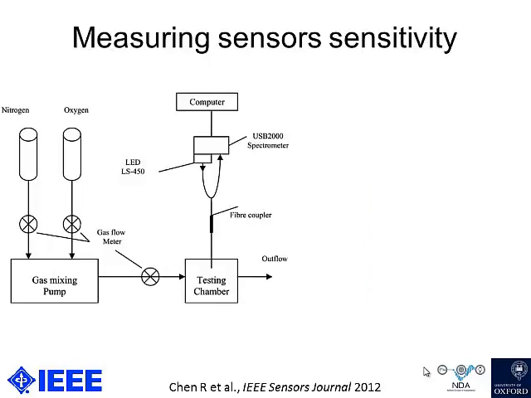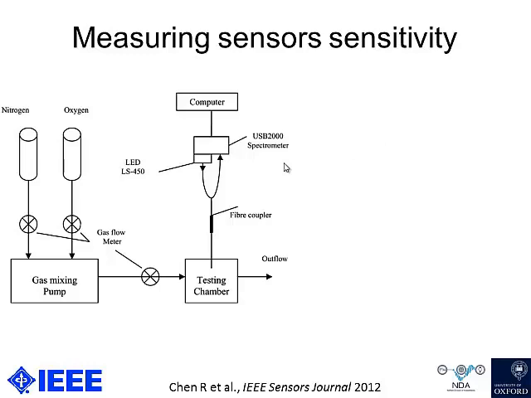So we wanted to see how the different polymers affected the sensitivity and the response time of these sensors. When we wanted to measure sensor sensitivity, we used a system which was presented here, I think, about a year ago. On the left here, we've got the 2 gas cylinders, nitrogen and oxygen.